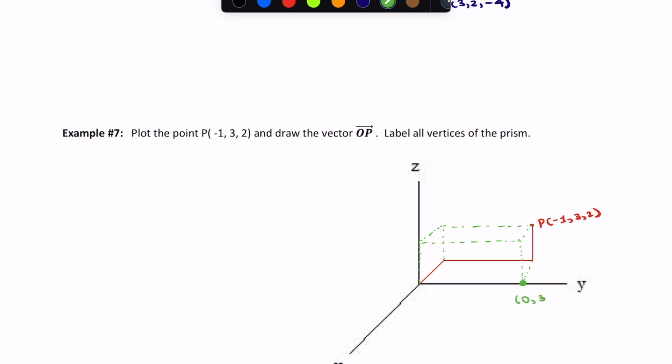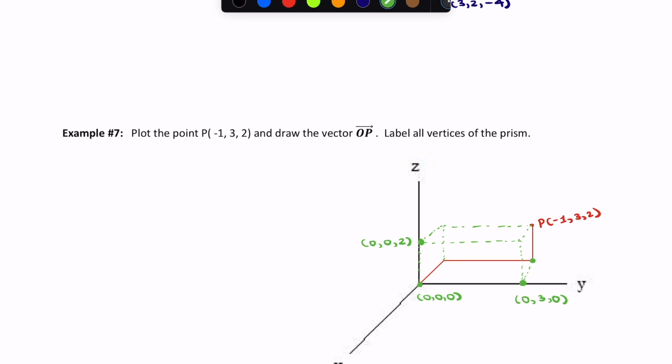So here would be 0, 3, and 0. This point here doesn't move in the x, doesn't move in the y, but moves 2 units up in the z. So here would be 0, 0, 2. And this here is our origin. So that's at 0, 0, and 0.